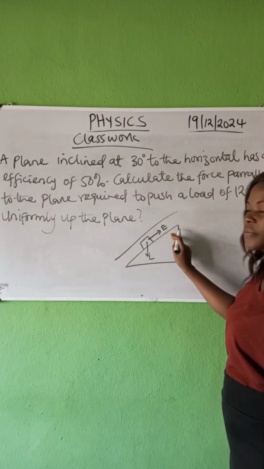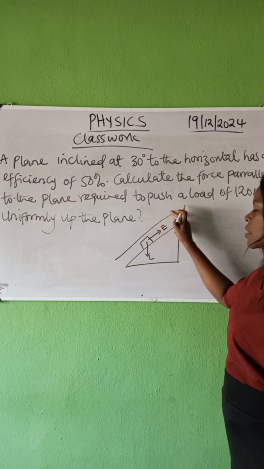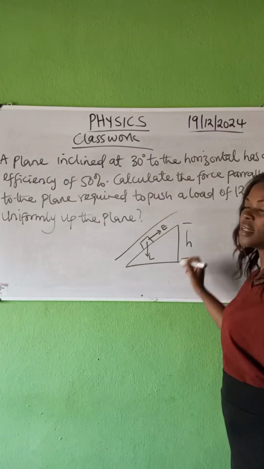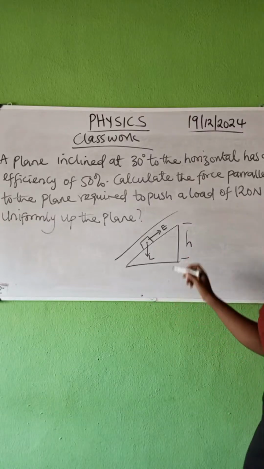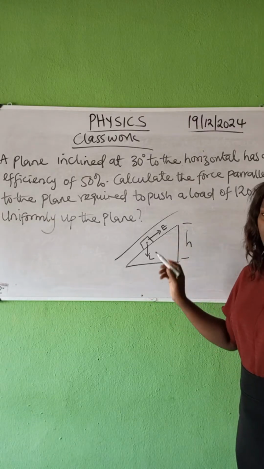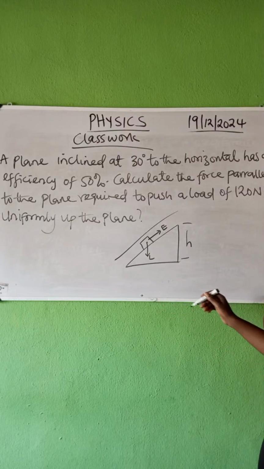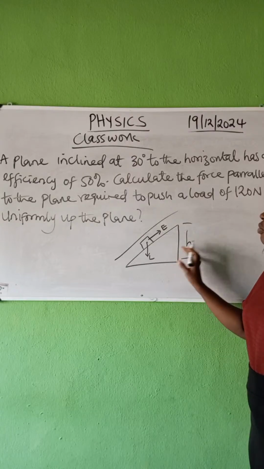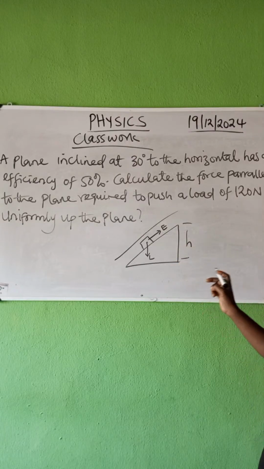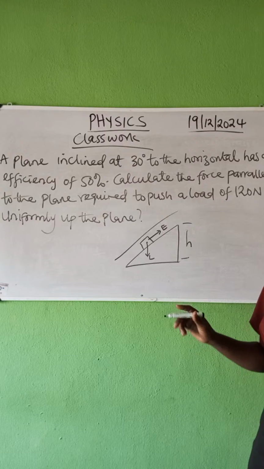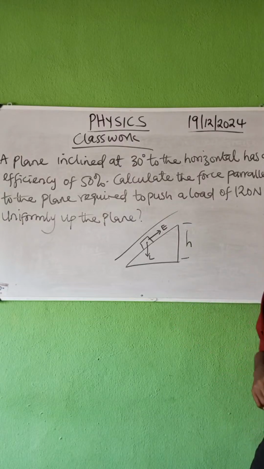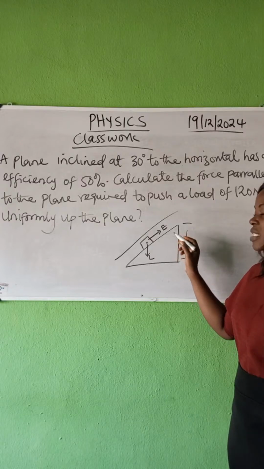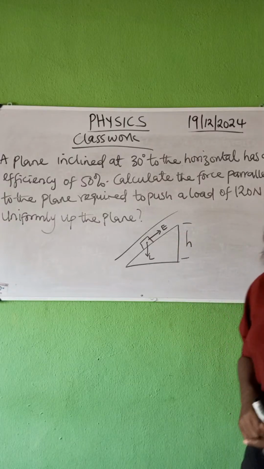The distance moved by the effort is this, and the distance moved by the load is this. The force parallel to the plane becomes the effort. In this type of question, what you're looking for is the effort. Before we can solve for the effort, you must get the velocity ratio and the mechanical advantage. Once you hear a question like the force parallel to the plane, it is the effort that you're looking for. Is that clear, Osaze?